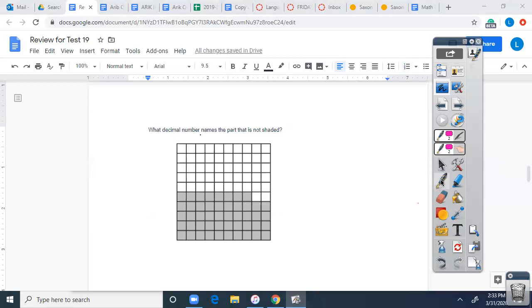The darker part is shaded, so we know that's 10, 20, 30, 40, 41, 42, 43, 44, 45, 46, 47, 48 hundredths, because there are 100 of these. So 48 hundredths is shaded. And what part is not shaded?